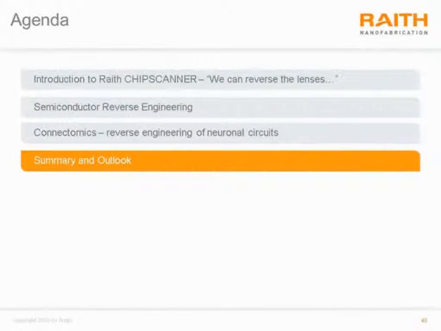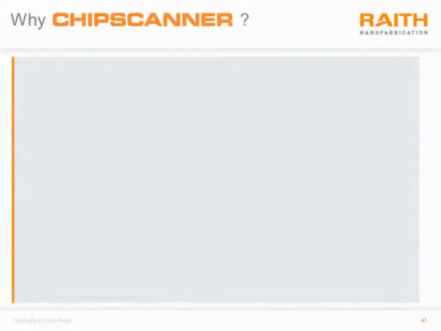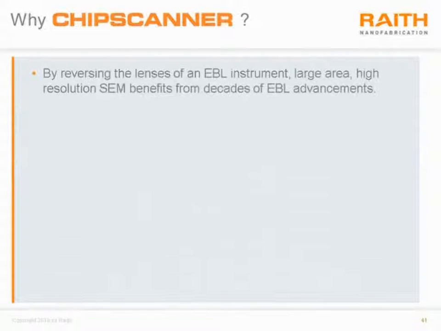Okay, so now I would like to summarize today's webinar presentation and also provide an outlook as to the future of the chip scanner. So, the chip scanner has a special role in electron microscopy.